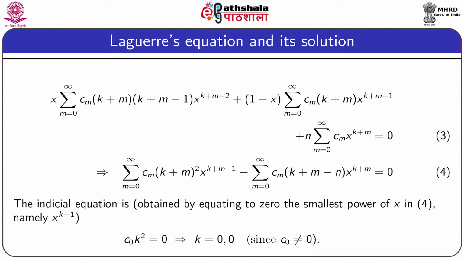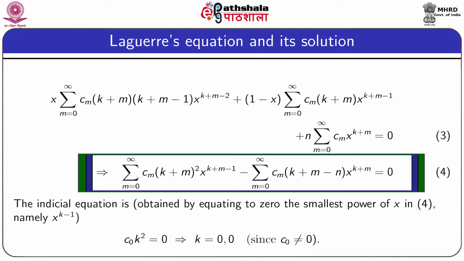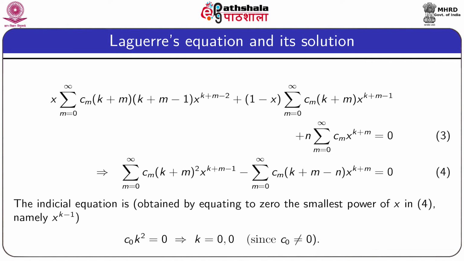After simplification, we will get summation m equal to 0 to infinity C m (k plus m) whole square x to the power k plus m minus 1 minus summation m equal to 0 to infinity C m (k plus m minus n) x to the power k plus m equal to 0, given by equation number 4.